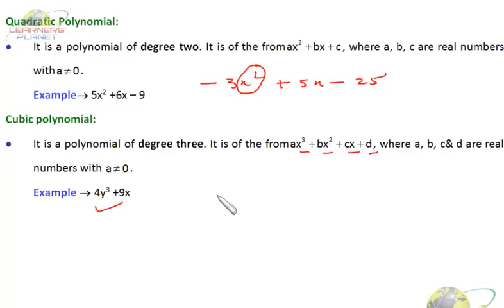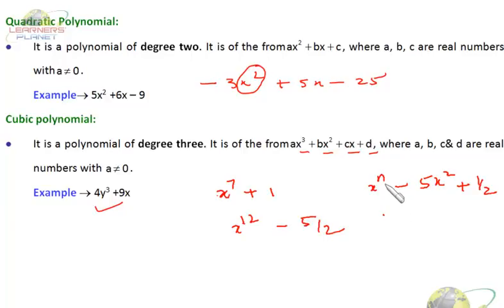Similarly, more types of polynomials are there. Suppose this is x raised to 7 plus 1. It is a 7th degree polynomial. If it is x raised to 12 minus 5 by 2, it is a 12th degree polynomial. Or if it is x raised to n plus maybe 5x square plus half, then it is an nth degree polynomial, and here n should be any positive number.